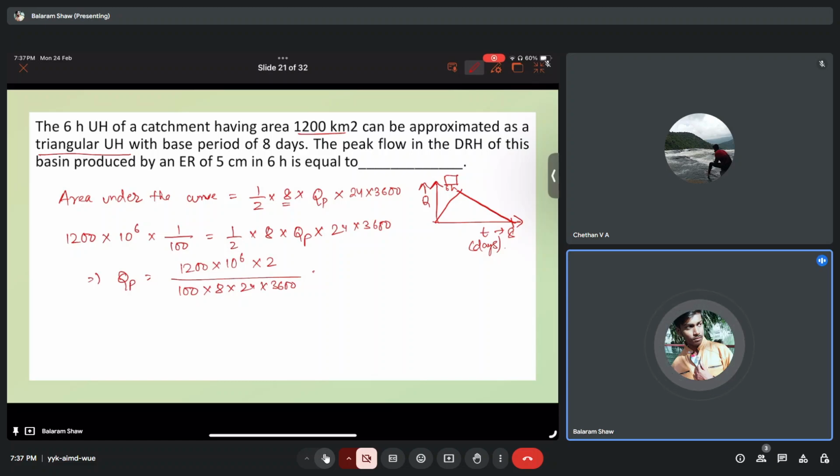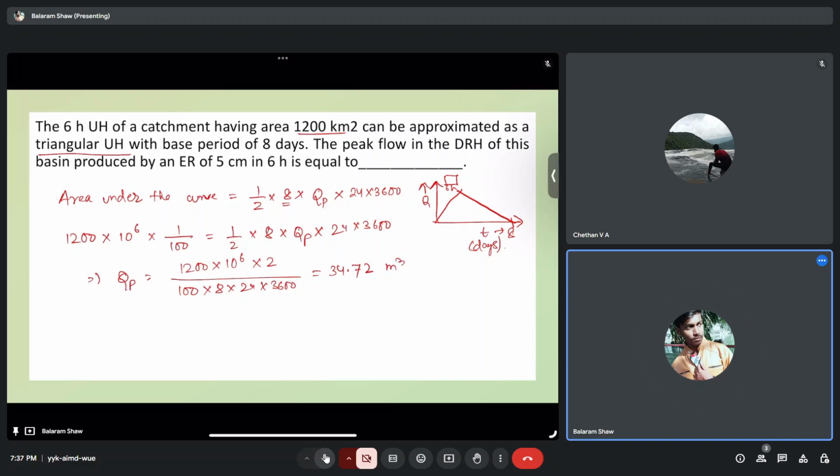So I'm getting something like 34.72 meter cube per second. Now what we need is the peak flow in the direct runoff hydrograph for effective rainfall of 5 centimeters. So how can we find it? The peak flow due to 5 centimeter effective rainfall will be equal to the depth into the peak discharge that you got from the unit hydrograph, right?